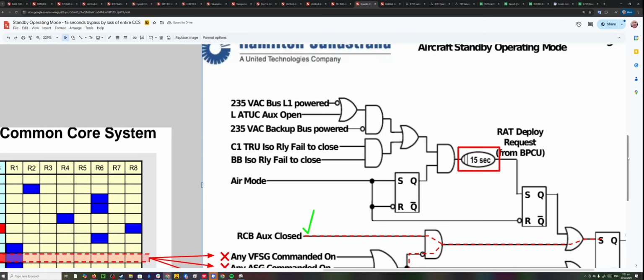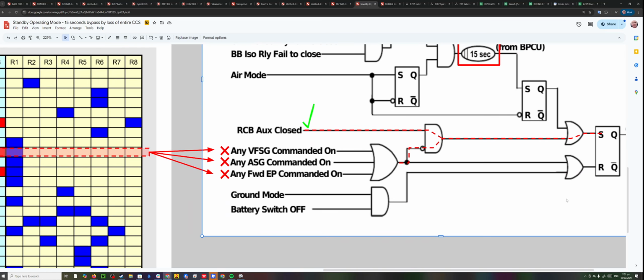The only way that it wouldn't do that is if it has been commanded by any of the things we mentioned before, the ram air turbine control breaker auxiliary contacts have closed, the 15 seconds should have counted down, but there is none of these commanded on.